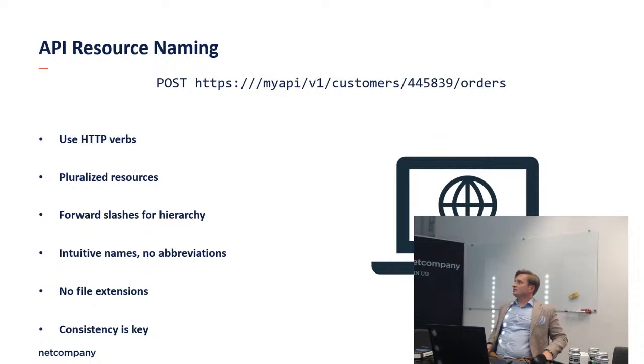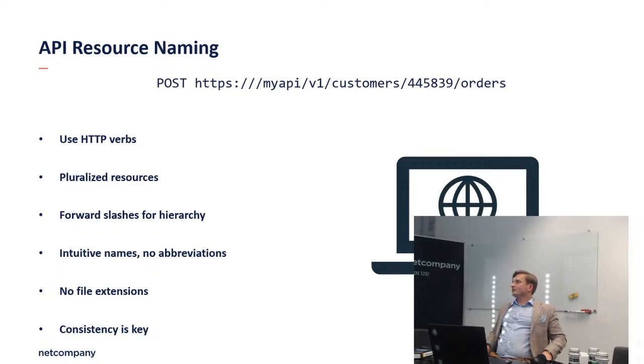We use pluralized resources, like customers, orders. We use forward slashes to indicate hierarchy. We understand that we fetch the customer with ID 445839, and then we return the orders for this customer.